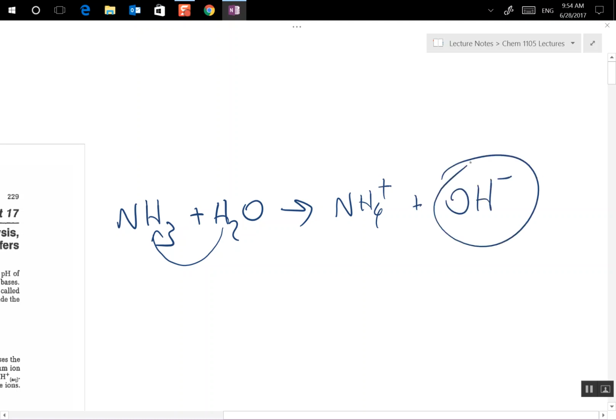There it is, the OH minus, the base that we're looking for, the hydroxide. So ammonia will produce hydroxide in solution, but it doesn't have a hydroxide to donate. But acids, for the most part, always have a hydrogen that they can just donate, that they can give off.